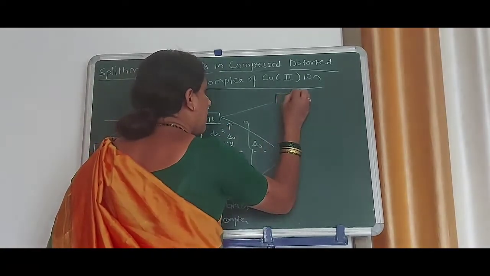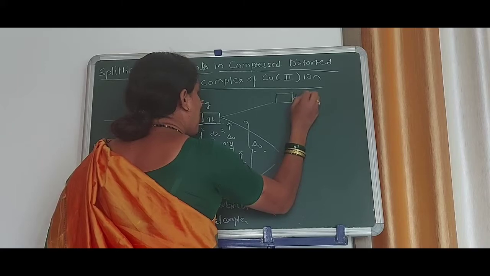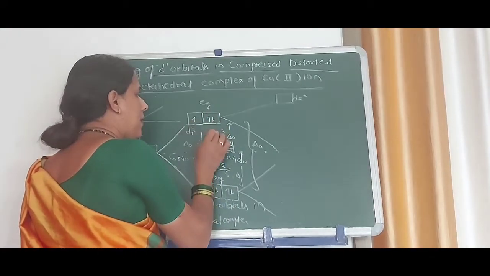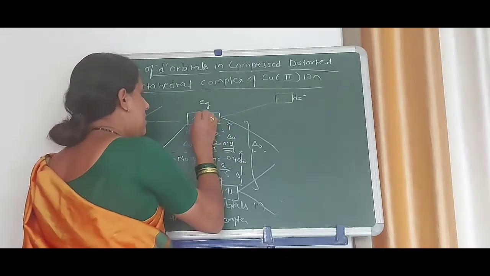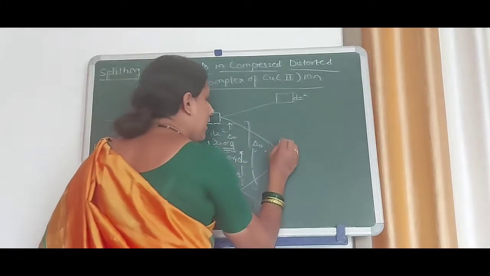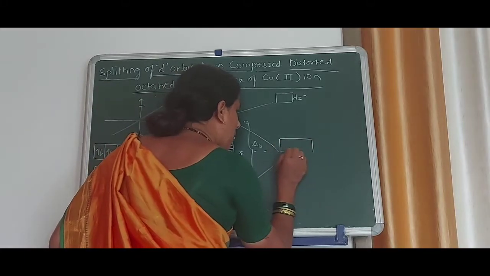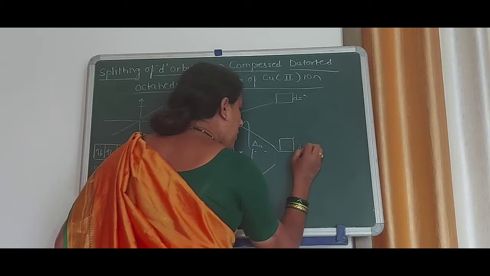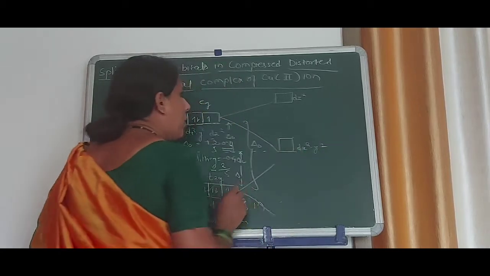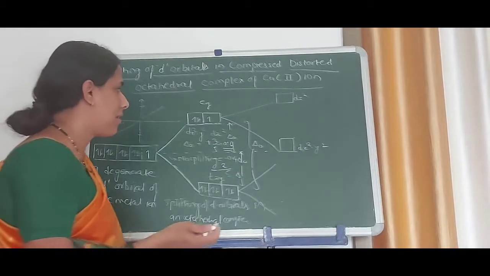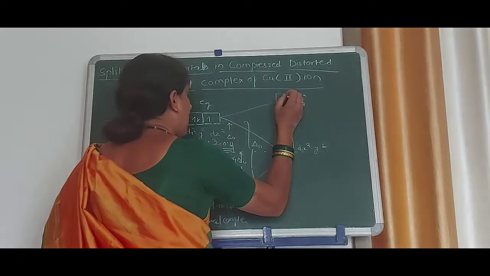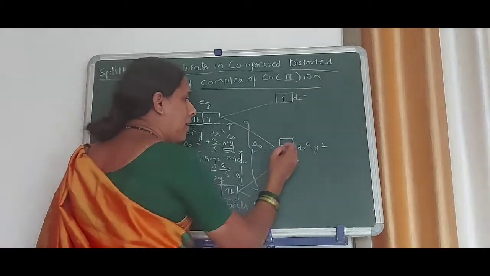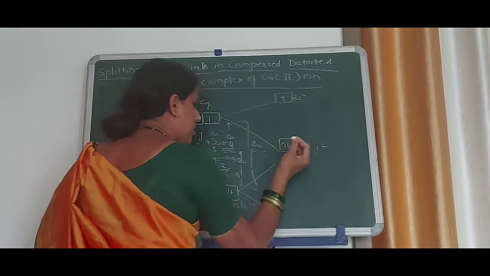Therefore we can write here dz square, and here we can write dx square minus y square. Now, the electrons here: how many? One. And here, 2 electrons.